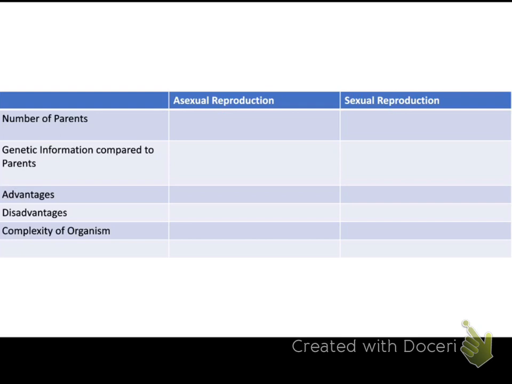All right, this is the part where we talk about the advantages and disadvantages of asexual and sexual reproduction and compare them. It kind of gets a little squishy down here, so hopefully we can fit it all. First, we're going to talk about asexual reproduction. One parent is required. The genetic information is identical to the parent.